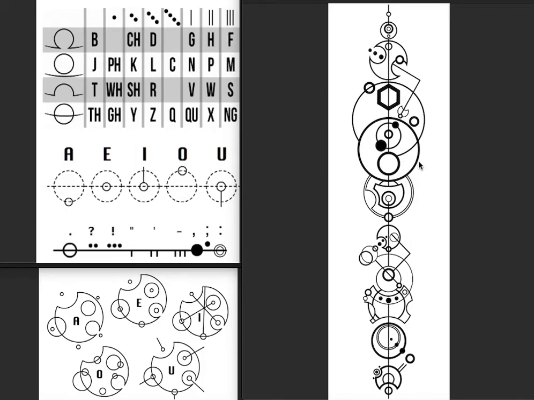M, continuing around, here's our A, continuing around, 2 dots on a circle inside the circle. K, with a circle in the middle of that, is an E. So like that. So K-E, make, M-A-K-E.